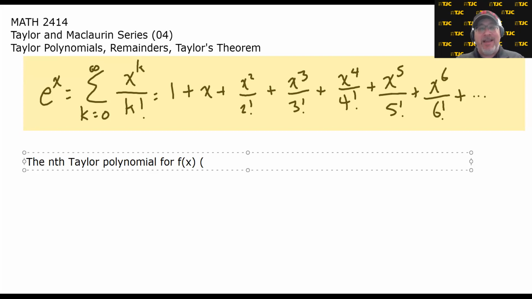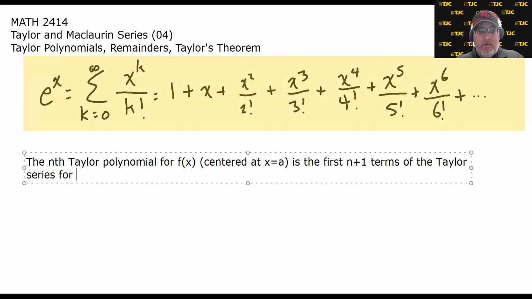And remember, when you're doing a Taylor polynomial, you're talking about a general center, not x equals 0. So we'll just clarify that we are centered at x equals a. It is the first n plus 1 terms of the Taylor series for the function. And you may be wondering, why is it the first n plus 1 terms? Well, I'll show you here in just a second.